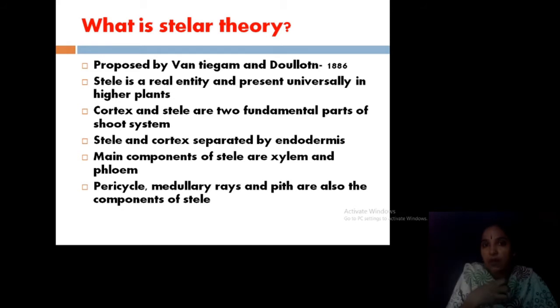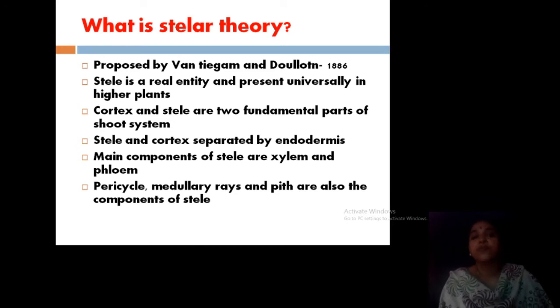So, the shoot system has two important parts, one is the cortex, another is the stele. Clear? Then stele and cortex are separated by endodermis. Then the main components of the stele are the xylem and phloem. That also is understood. Pericycle, medullary rays, pith, etc. are also part of the stele. These points are included in the stelar theory.